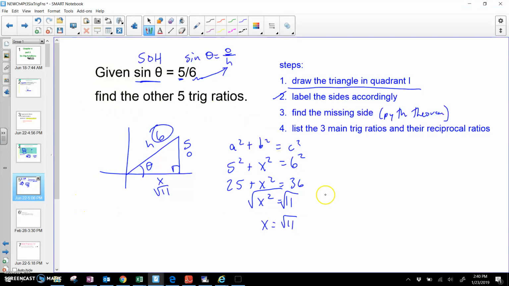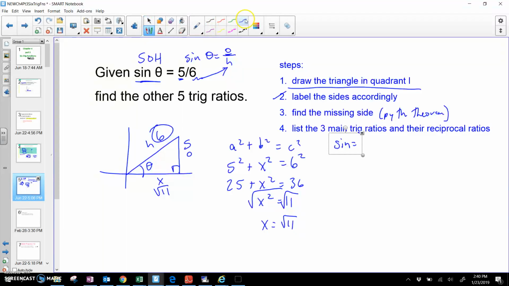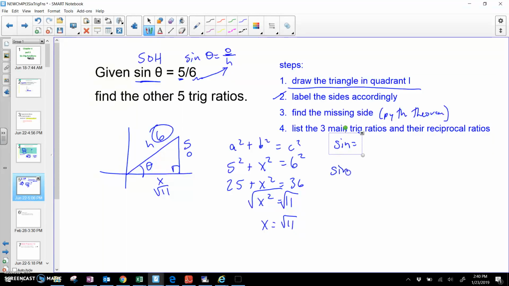Now it says find the other 5 trig functions. So we know sine, we're given, is 5 over 6. I usually write them all down. So if I have sine of theta equals 5 over 6, because that's what they give me, cosine of theta is adjacent over hypotenuse.